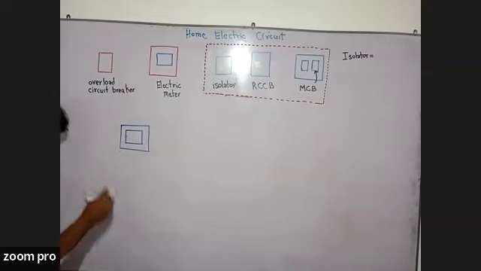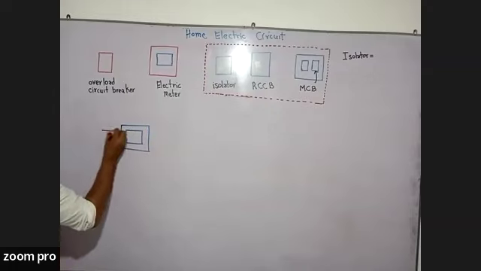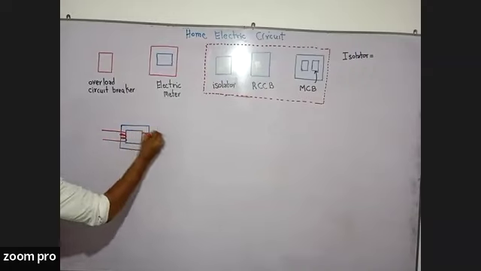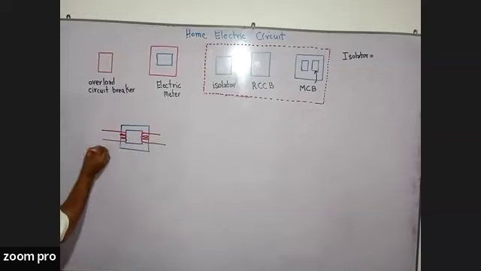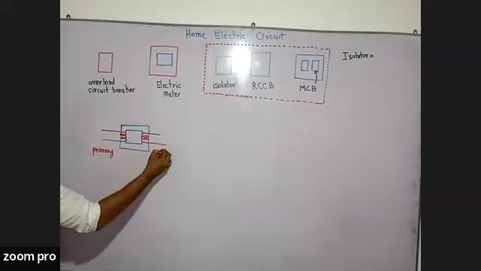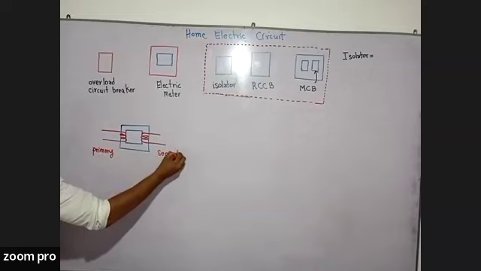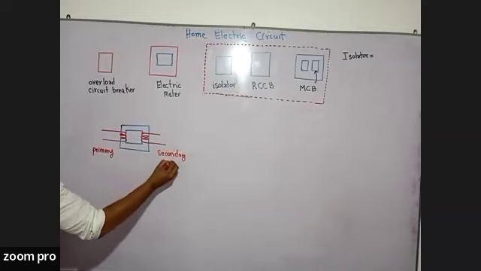Normally, in a transformer, this is the simple circuit diagram. A transformer consists of primary coil and secondary coil. Okay, this is the primary coil or the primary wire, and this is the secondary wire or secondary coil, right?